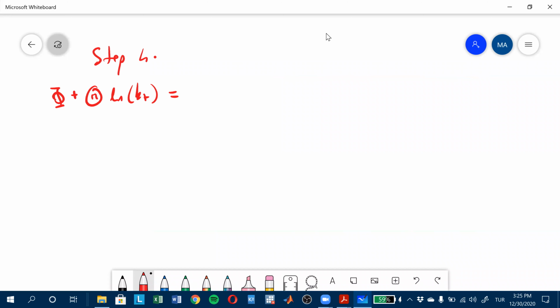And I have the natural logarithm of, what was C_t equal to? 1 over 1 plus beta theta times lambda K_t^alpha.